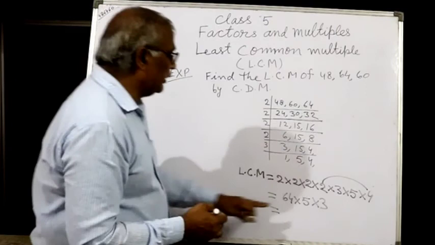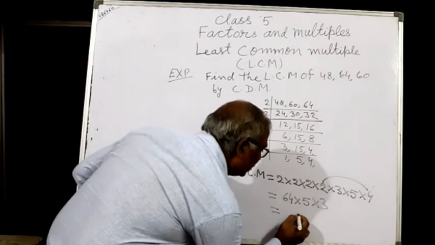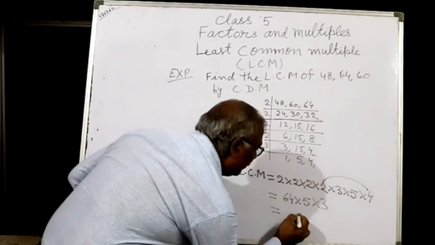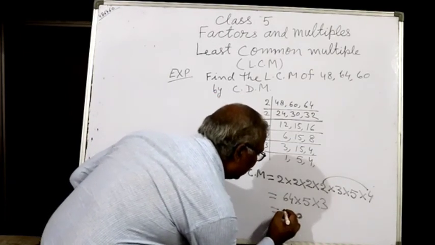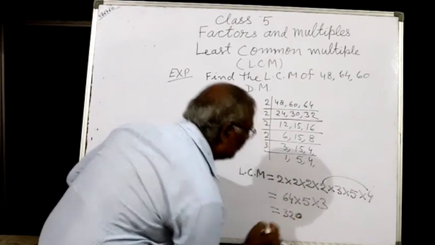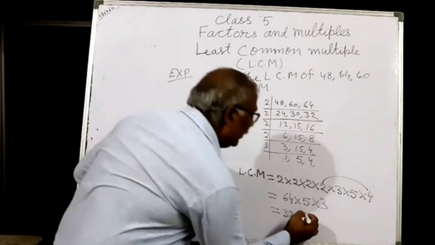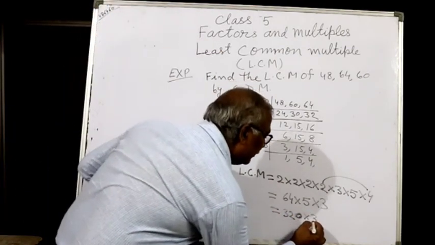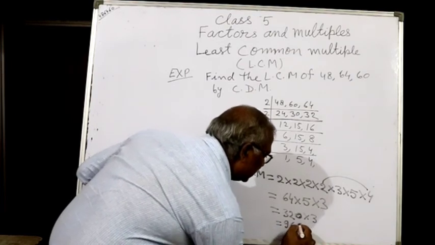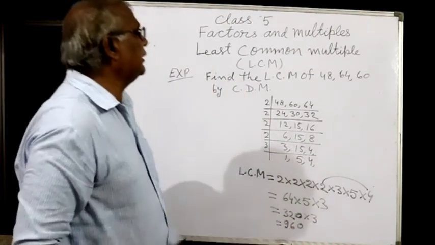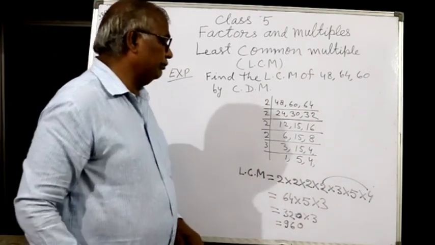Now 64 into 5: 5 4s are 20, 0, carry 2, 5 6s are 30, 32, so 320. 320 into 3 is equal to 960. 960 is the LCM.